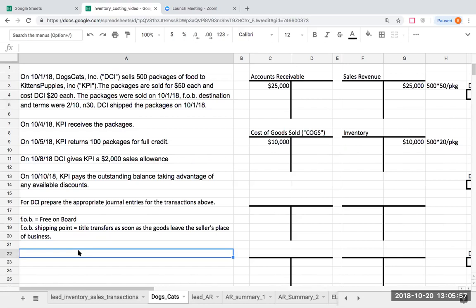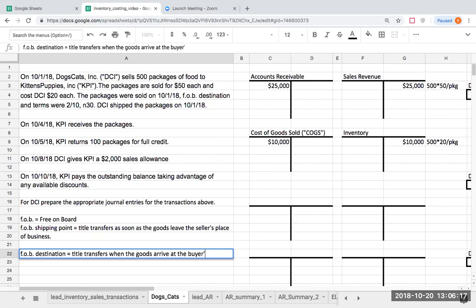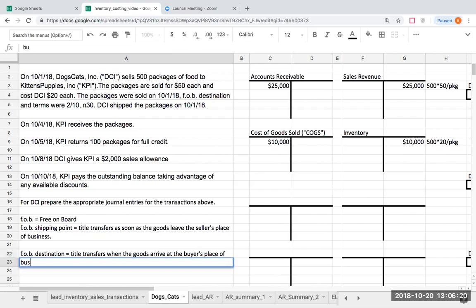However, what we have here is not FOB shipping point, but rather FOB destination, which means that title transfers when the goods arrive at the buyer's place of business. What this is really here to talk about is who is responsible for the particular goods.